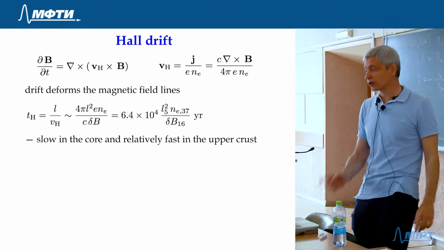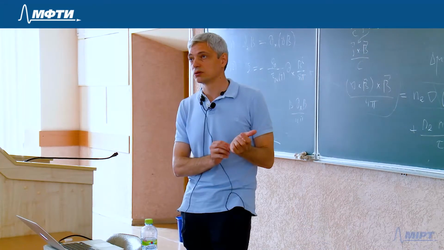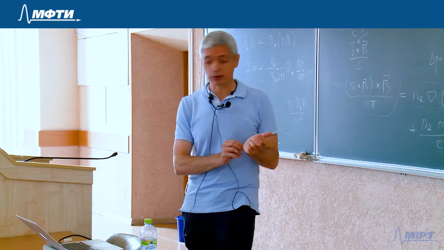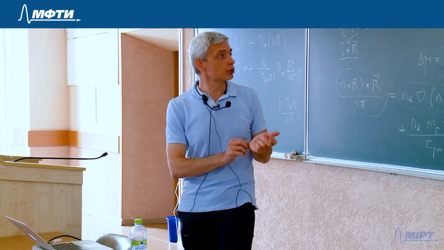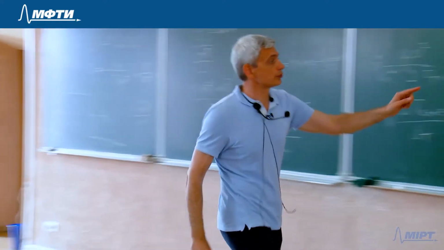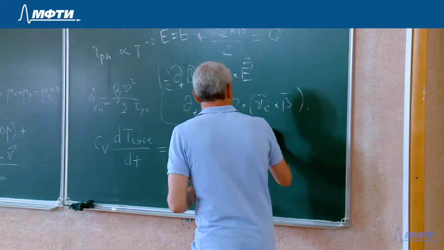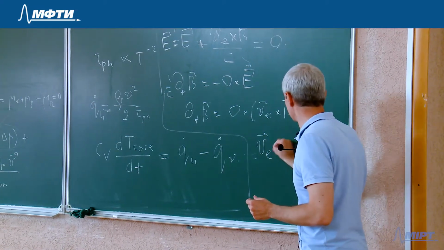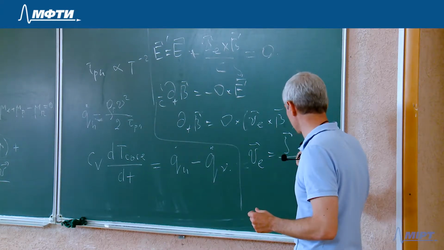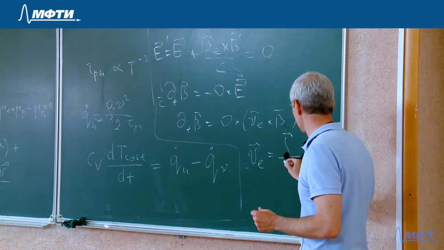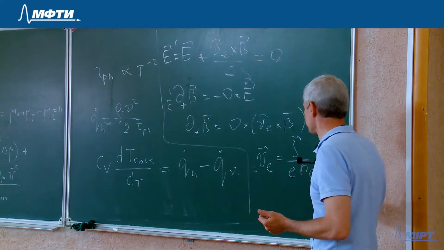Okay, so you can calculate the time scale for this process to work. And this time scale is going to be proportional to, well, obviously this electron velocity. So what is it? The electron velocity is the electric current, which is carried by electrons, divided by charge and electron density, right?